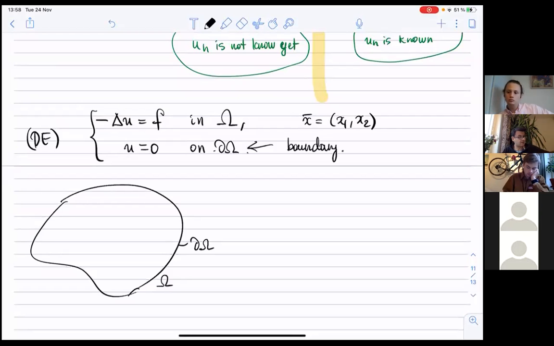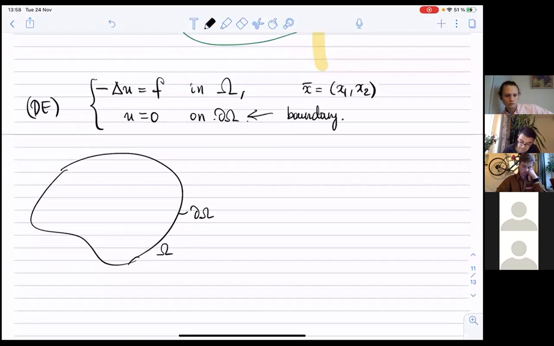There are some definitions of what this delta means. I usually do it in the scientific computing 3 course, but let me just remind myself. We usually use this notation for the gradient, and the gradient is a vector.